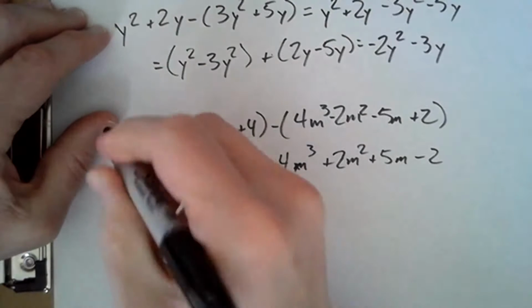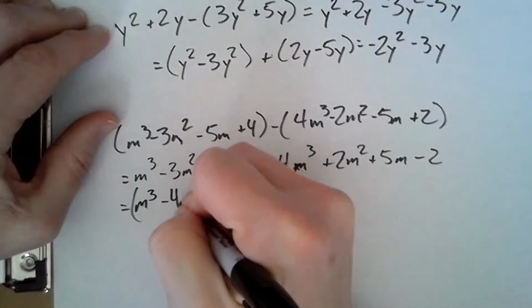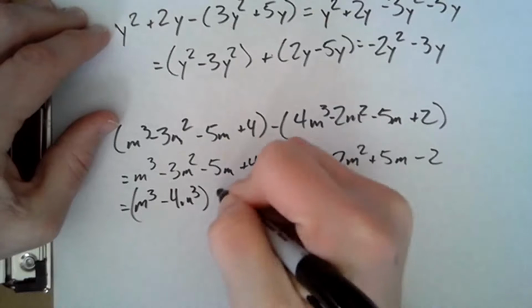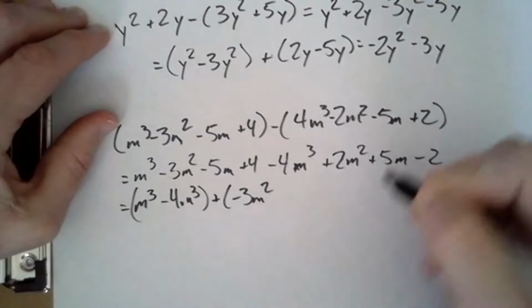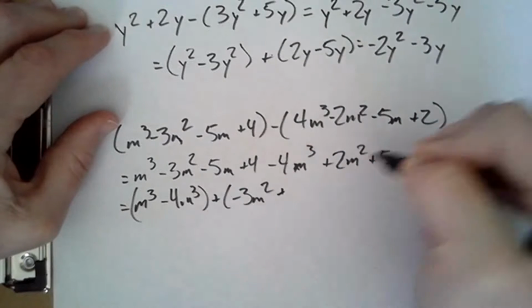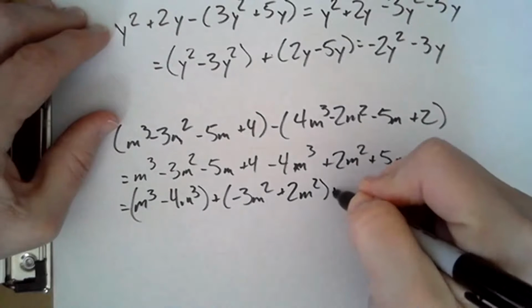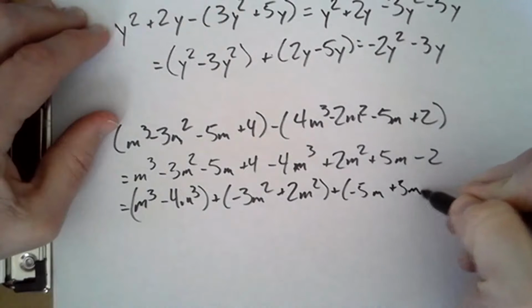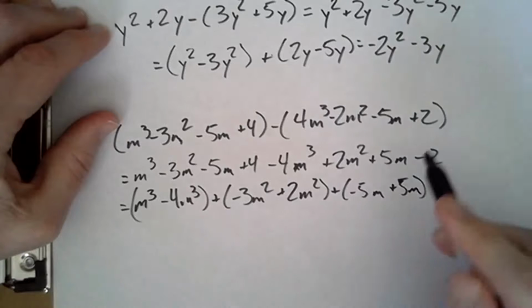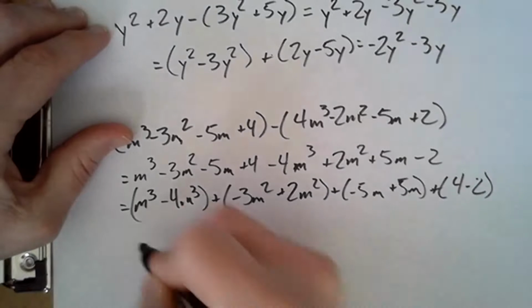M cubed minus 4m cubed, plus negative 3m squared plus 2m squared, plus negative 5m plus 5m, plus 4 minus 2.